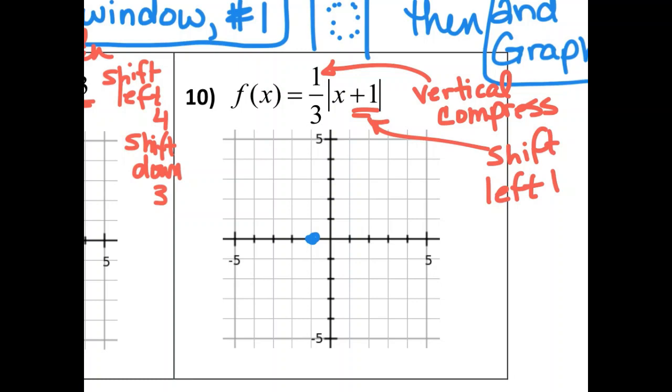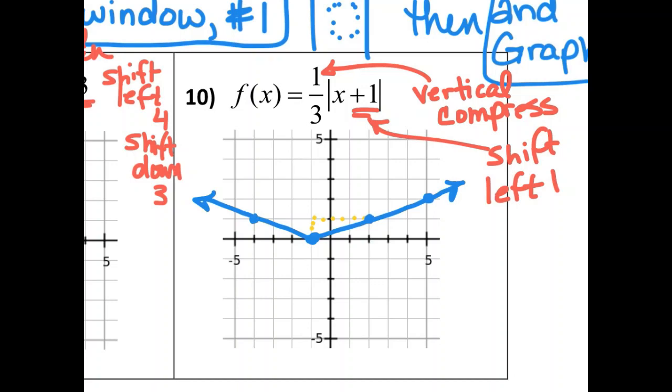And my slope on the right is going to be up 1 and over 3. And so my points on the right are going to be there and there. And then remember that the left is going to be symmetrical to the right. And my graph ends up looking like that.